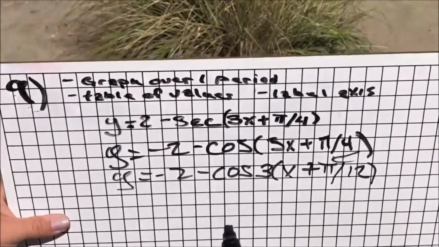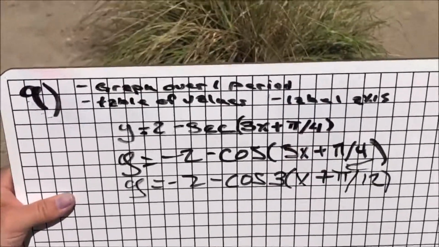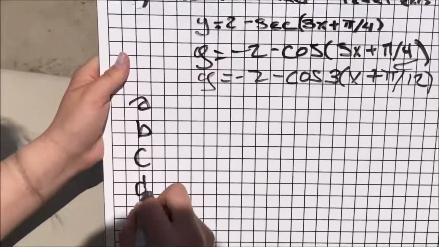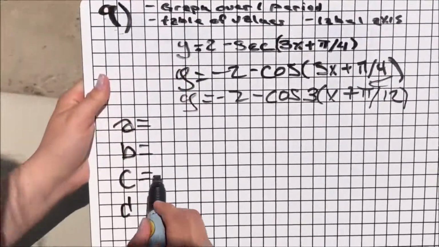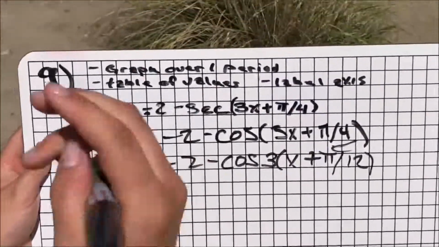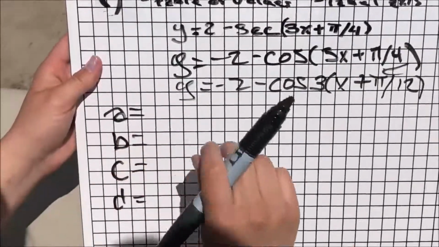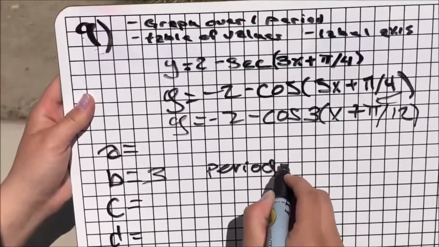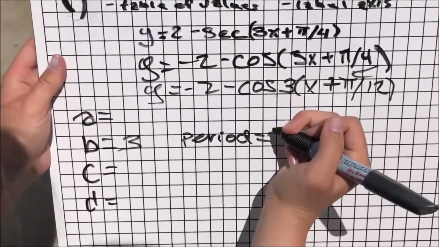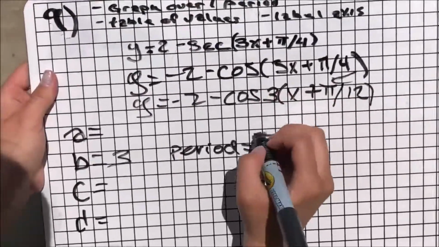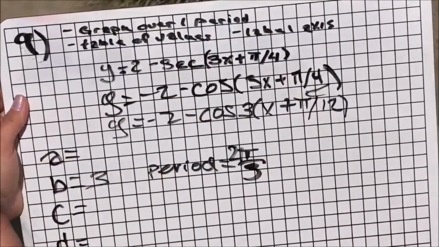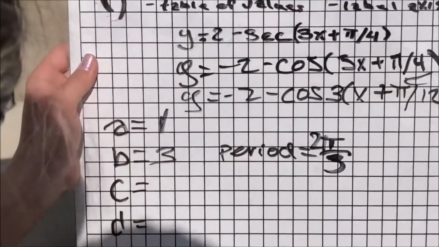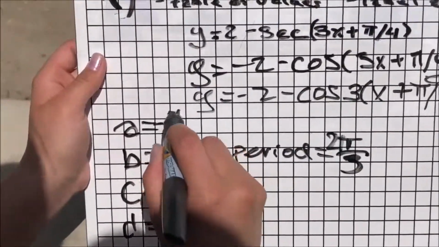And then what we're going to do is identify A, B, C, and D. The B value is 3, but the period, I think it's 2 pi over 3, and then amplitude is 1. -1, I mean. -1.